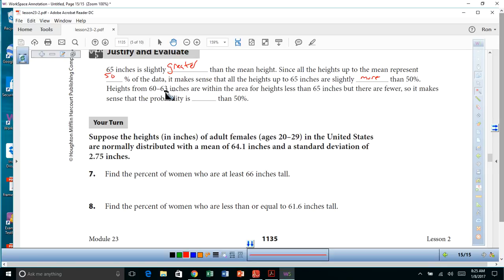Heights from 60 to 63 inches are within the area for heights less than 65 inches, but there are fewer, so it makes sense that the probability is less than 50%.